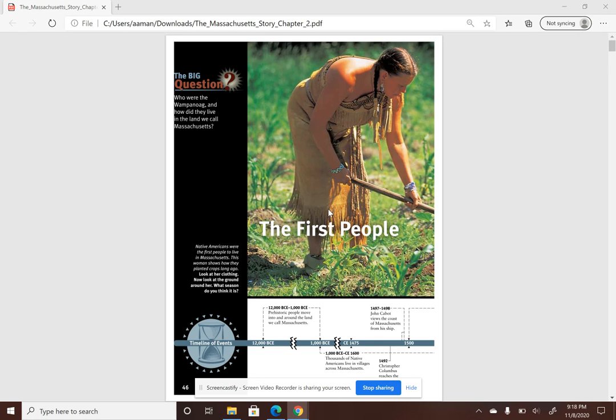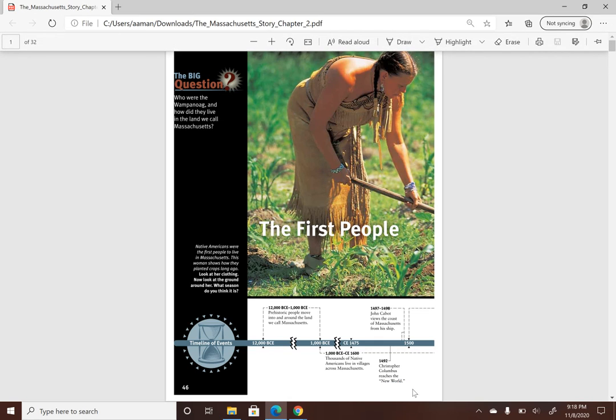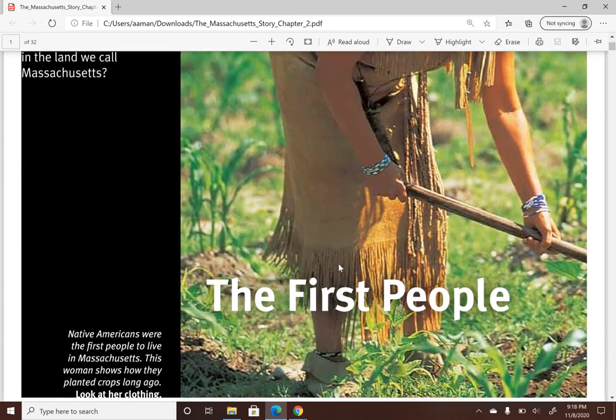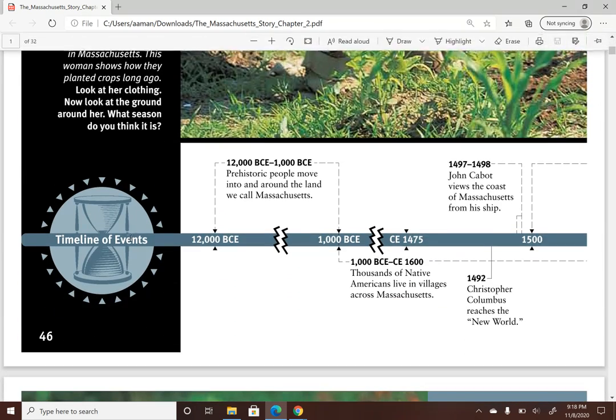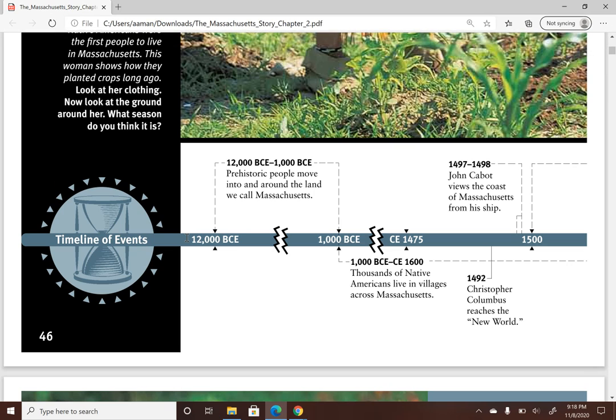Massachusetts. If we come down here, we can see our timeline. We zoom in. And our timeline tells us a sequence of events. And this timeline starts in 12,000 BCE, 12,000 before Common Era. So from 12,000 BCE to 1,000 BCE, so that's an 11,000 year time span.